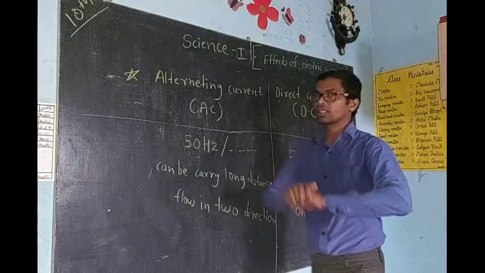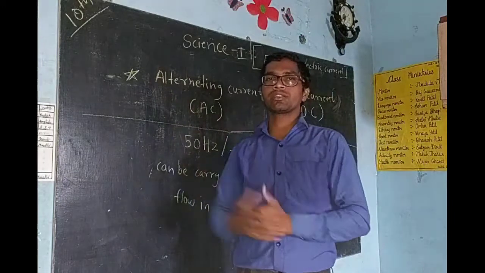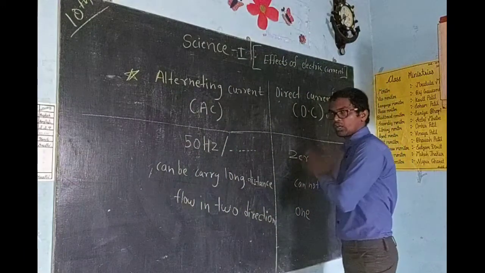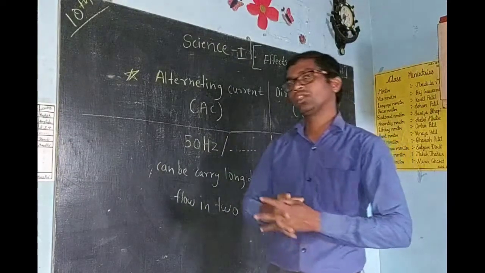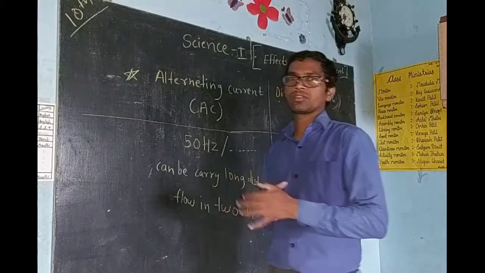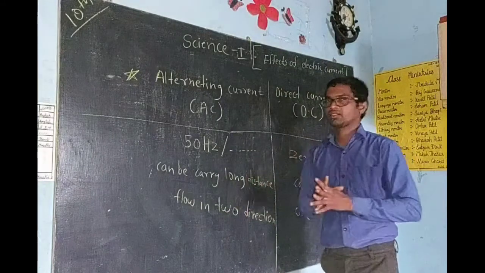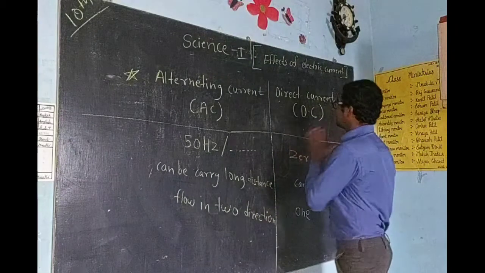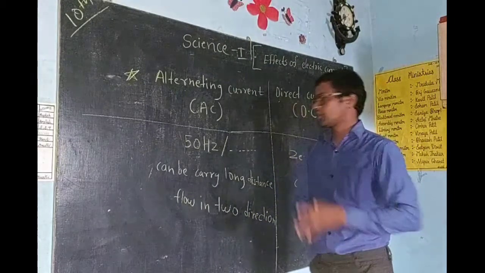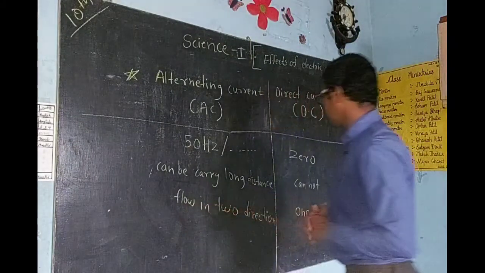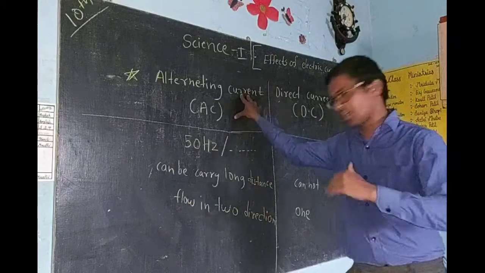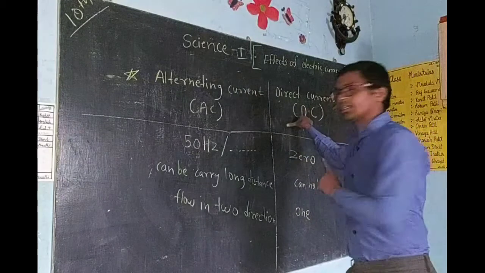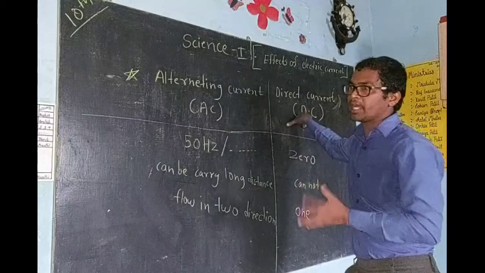DC current we cannot carry over very long distances because its frequency is 0. Whenever we carry DC current in long wires, it loses a lot of current. That's why it's a drawback. Alternating current flows in two directions, as we said before, but DC current always flows in only one direction. That's why it is called direct current.